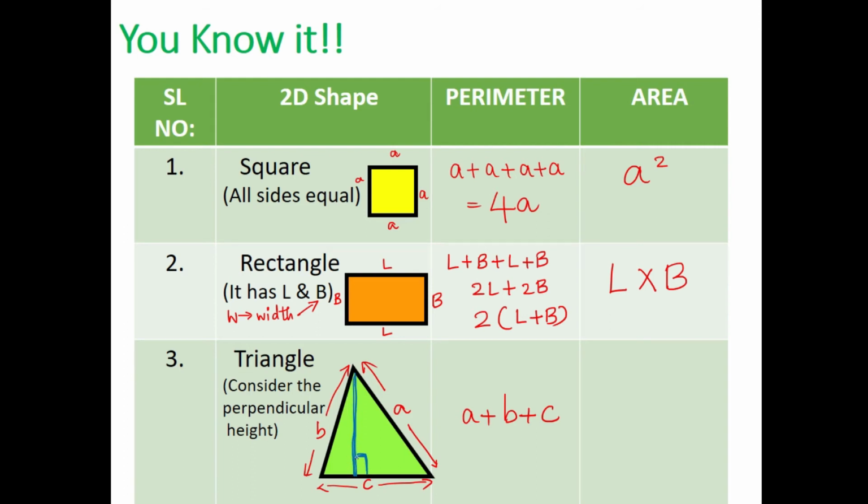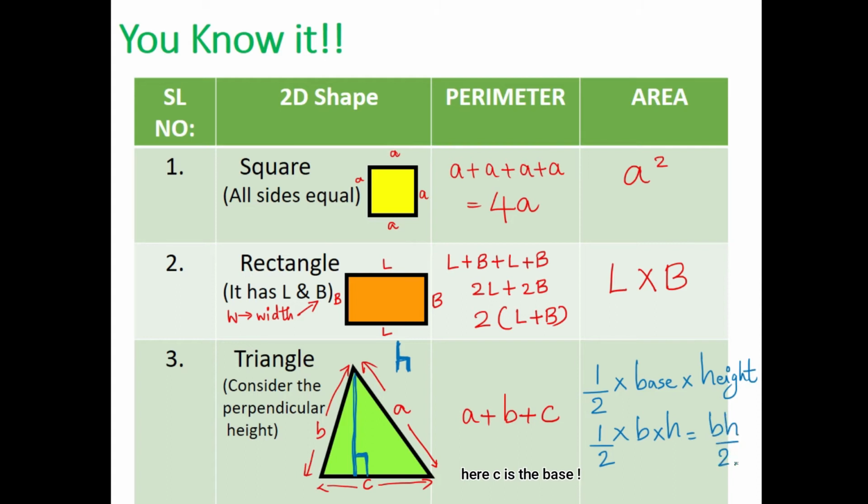Now this is my height. The height should be the perpendicular line. So look at the similarity with that word height. The area of a triangle is going to be half times base times the height, which can be denoted as half times B times H, or you say BH over 2.